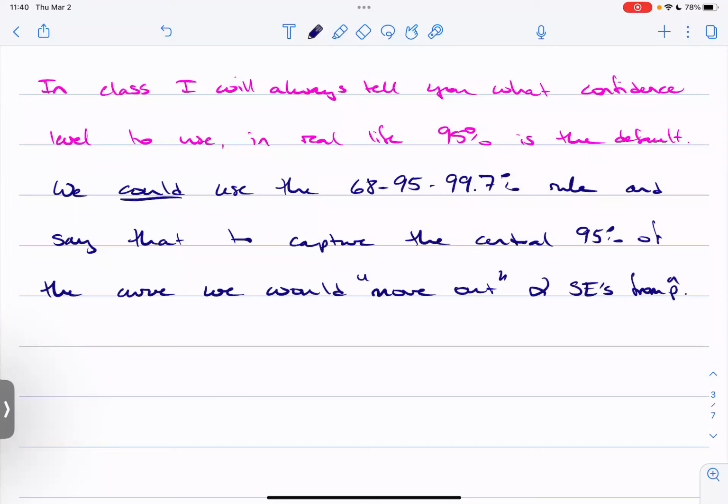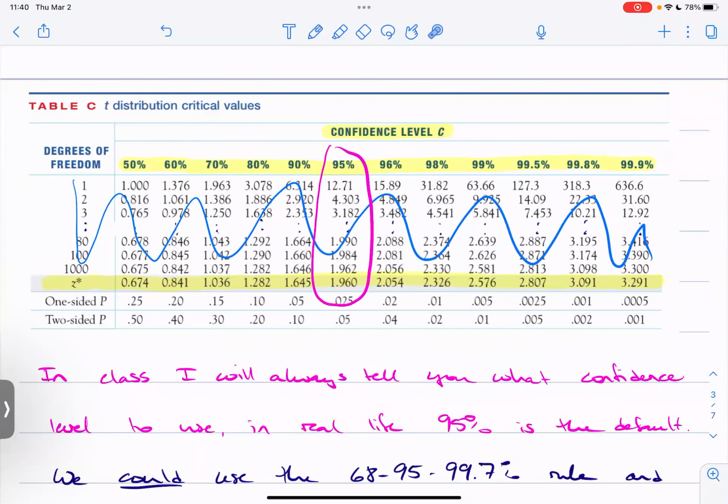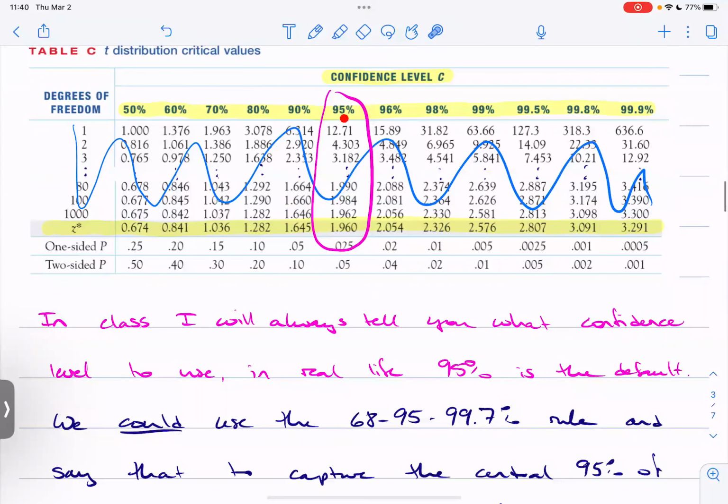Using the t-table though, you can call it table C. I call it the t-table often. I'll know what you mean because you only have one table, because I only gave you one. So using the table, to capture the central 95%, it says move out 1.96 standard errors.